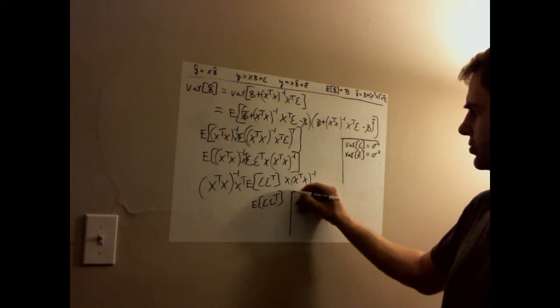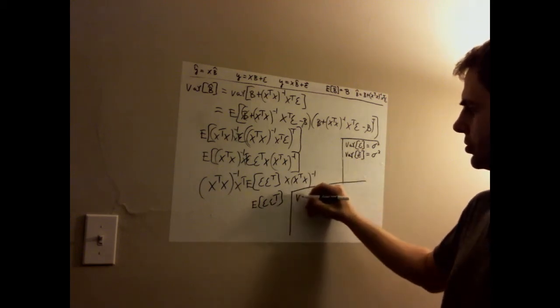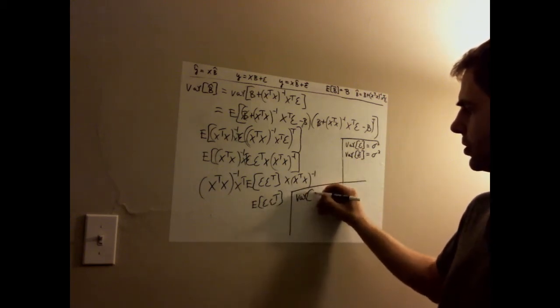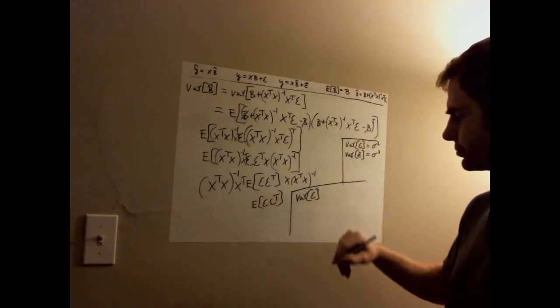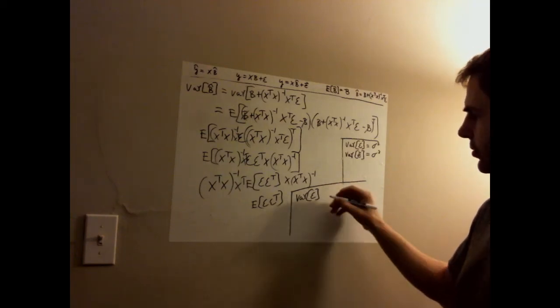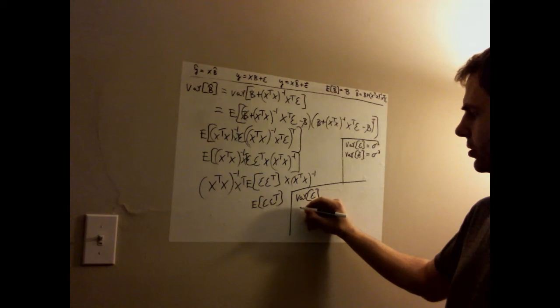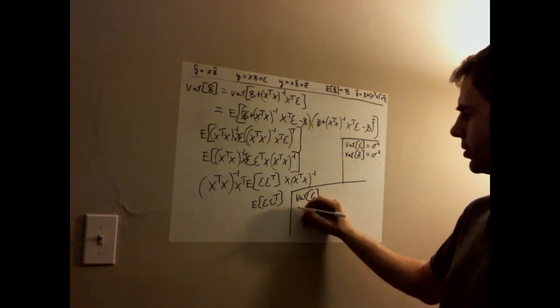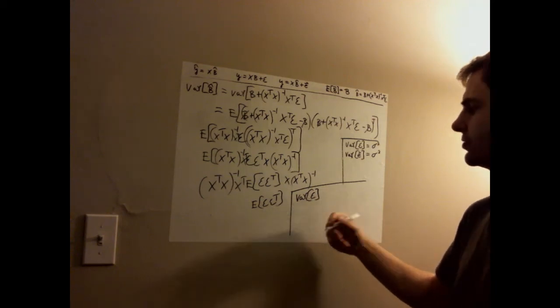In order to find this expected value, we need to know the variance of eta. And it turns out that we know the expected value of eta is 0.